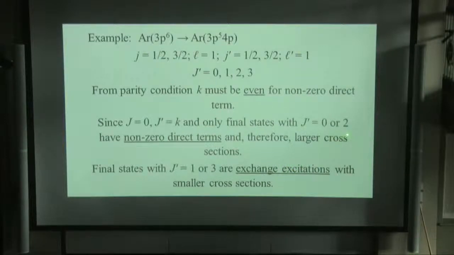And so what we get here are J values of 0 and 2 that are the bigger contributions because they have the non-zero direct term. And the J equals 1 and 3 are the small ones, they're the exchange ones. So this is different than it was in excitation before. So one has to be careful about this to make sure that you do get the correct terms involved.